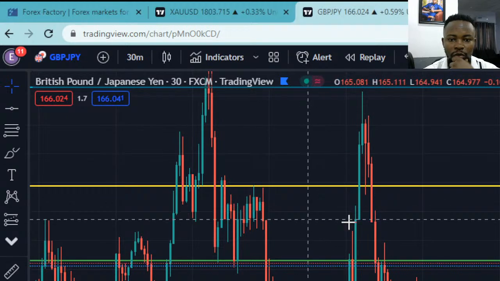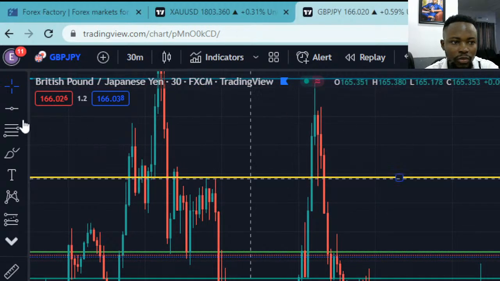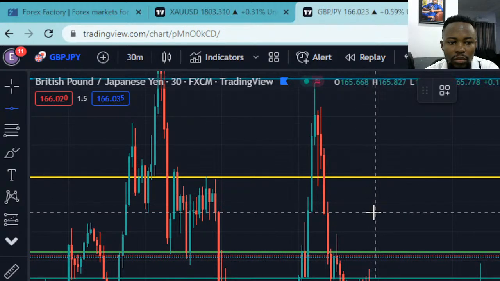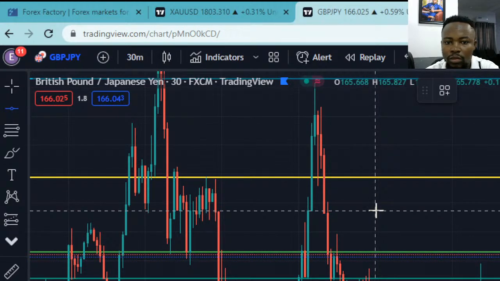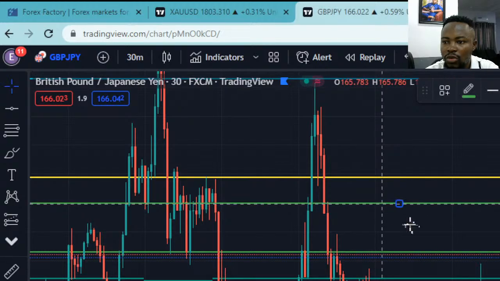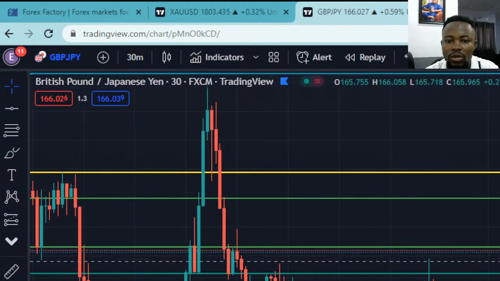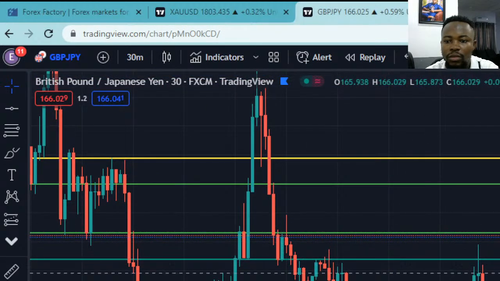So we'll keep an eye on that. Our first target for buys is 166,400 area. We'll have to wait to see how this candle closes at this point.